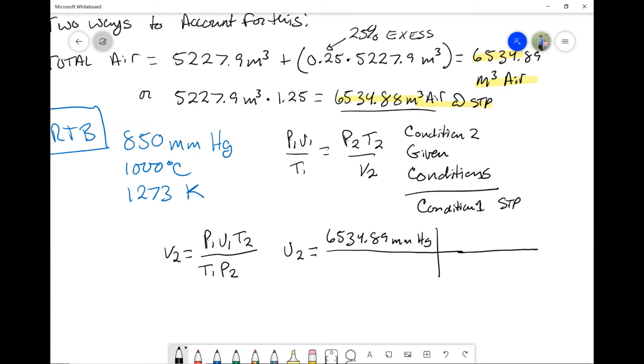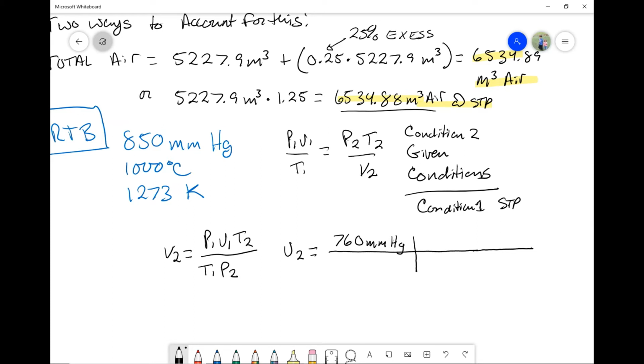V1, oh my gosh, that wasn't millimeters of mercury. What am I doing? P1 is pressure. Oh, I apologize. Should edit that one out, but I won't. All right, so P1 is 760. We all make mistakes, man. 760 millimeters of mercury.